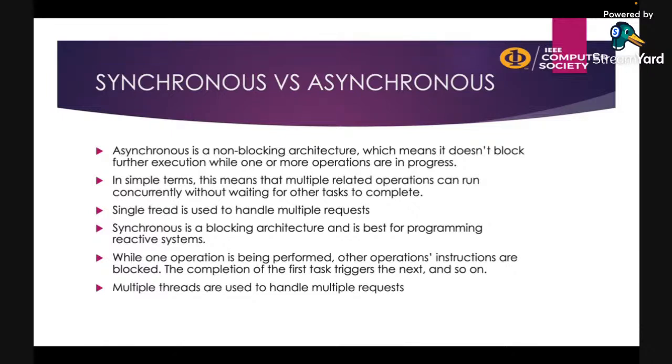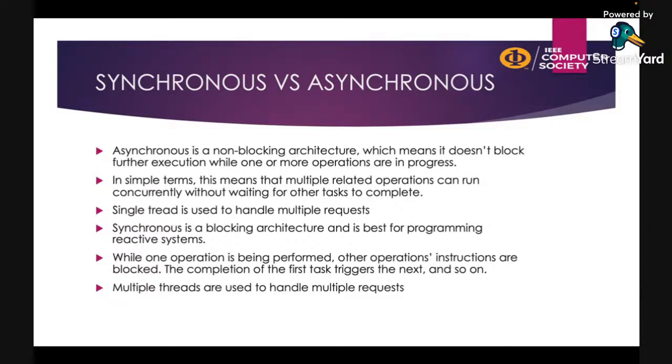Till your order is being prepared, he does not go to any other table to take their order. When the chef finishes your order, he delivers it to you, and then moves on to another table. This is called synchronous nature.